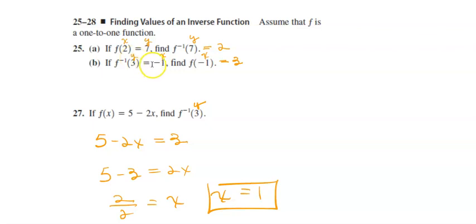It will always equal the x of the original function. Here's the x of the original function. What's that going to equal? Or in other words, what is the y? And it is 3 because it came from here. Okay, so if you're confused about that, they also address it in the textbook. So I would definitely look at that.